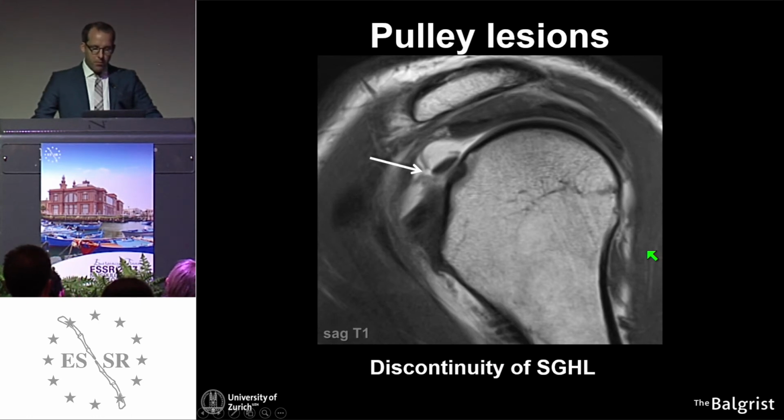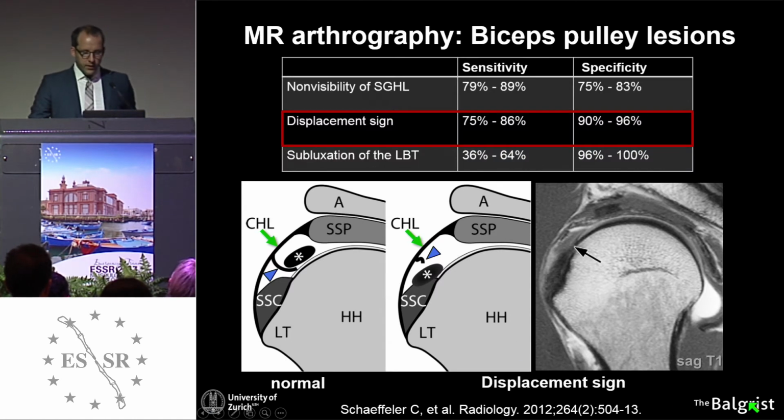This is another type of pulley lesion. Here we have discontinuity of the superior glenohumeral ligament, and you can see this gap in here. This is from a nice paper from Christoph Scheffler that was published 5 years ago. He and his colleagues compared different signs for biceps pulley lesions. And the best sign they found was this so-called displacement sign. It's illustrated here.